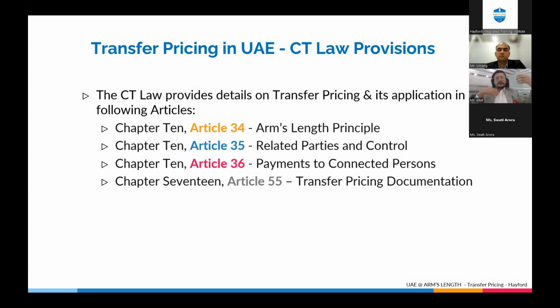When one company interacts with another company that is a related party, or deals with connected persons, you're going to see that these two matters are discussed in Articles 35 and 36. Article 35 identifies what exactly we mean by related parties and the meaning of the expression control. And Article 36 addresses any payments to connected persons.